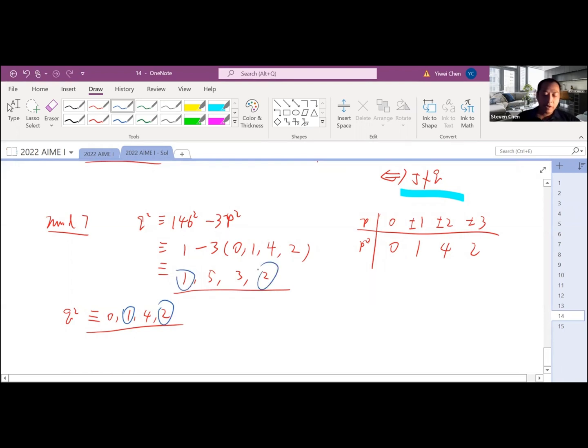So now let's find the possible remainders of q divided by 7 such that q squared is congruent to either 1 or 2. So q could be congruent to 1, 3, 4, and 6.